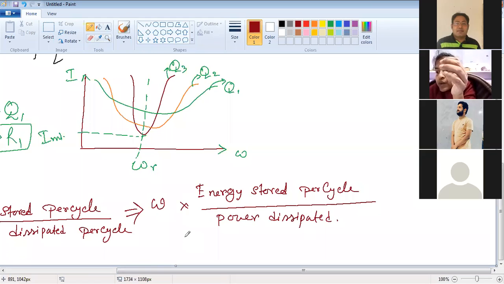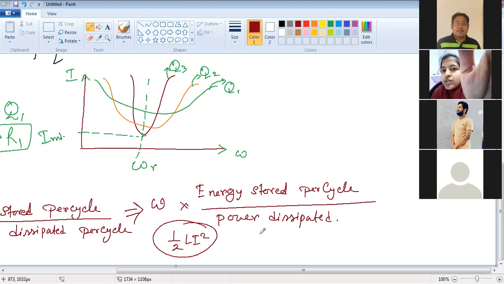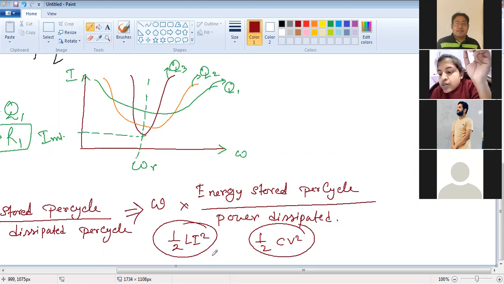So we can write this half of L I square, this is for inductance, and half of C V square, this is for capacitance.